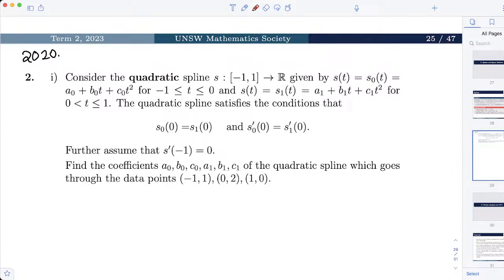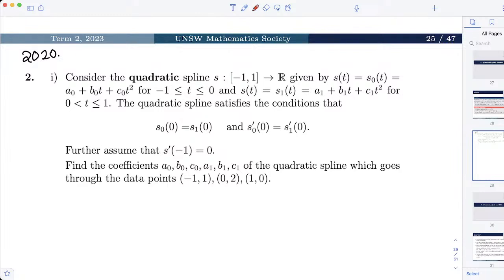But with this one at least, it's basically just solving a bunch of equations simultaneously. We're just given 6 conditions over here, and you just have to solve using all those conditions until you find the coefficients. So it's pretty straightforward. And then the other spline questions I've seen are just about interpreting the results. But who knows what we might get.